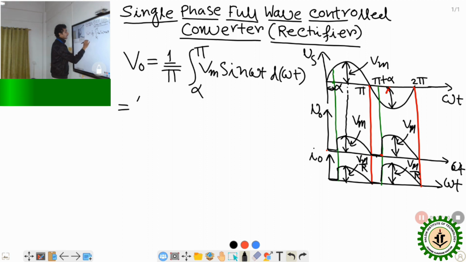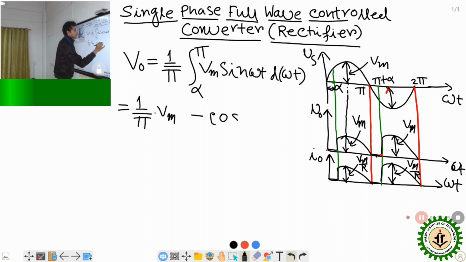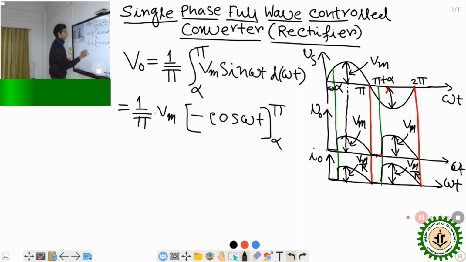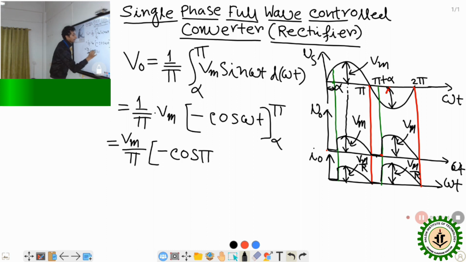So now let us derive it. 1 by pi, take Vm outside, integration of sin omega t, that is minus cos omega t. The limit is from alpha to pi. So that means it is coming as Vm by pi times minus cos pi minus of minus cos alpha.